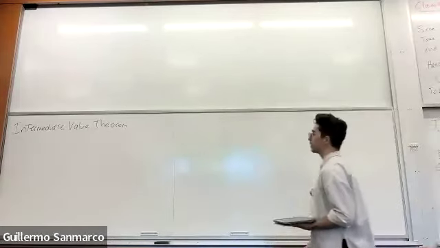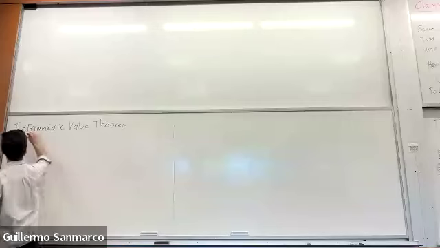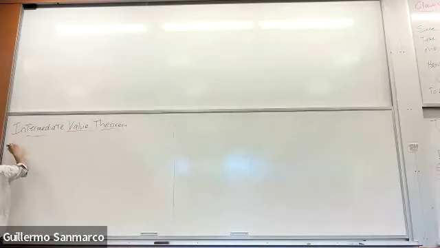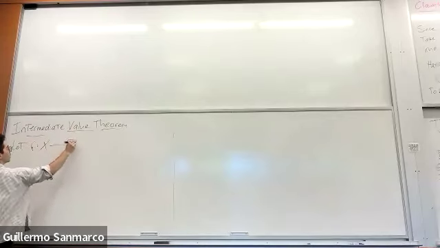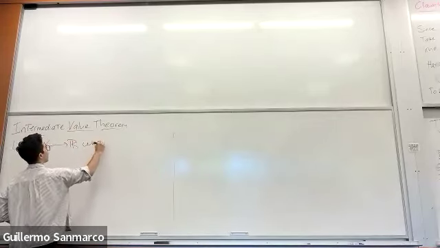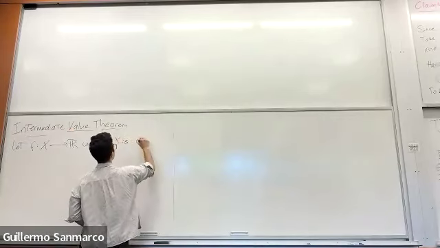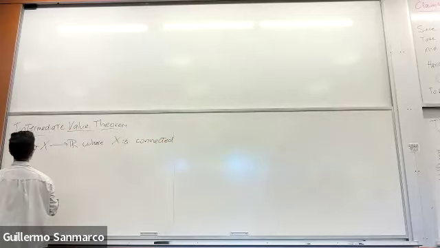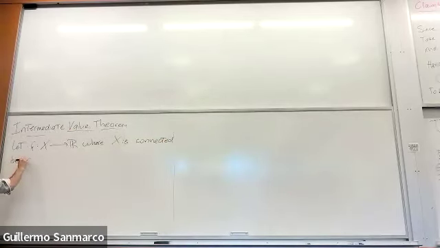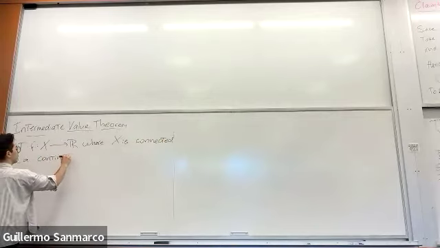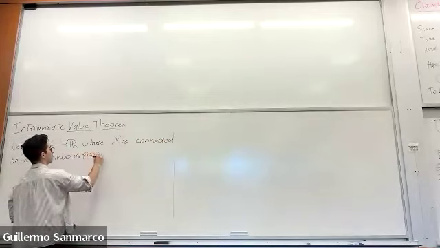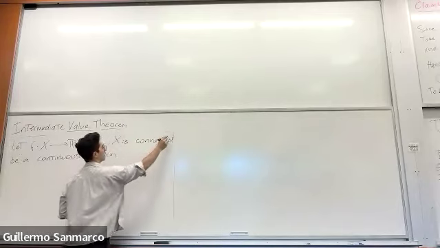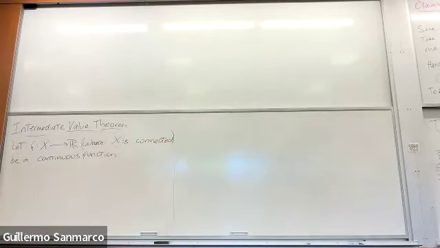So this theorem is going to start with a continuous function from some space to the real numbers where X is connected. Sorry about the English here. So I should say that f is a continuous function where X is connected.